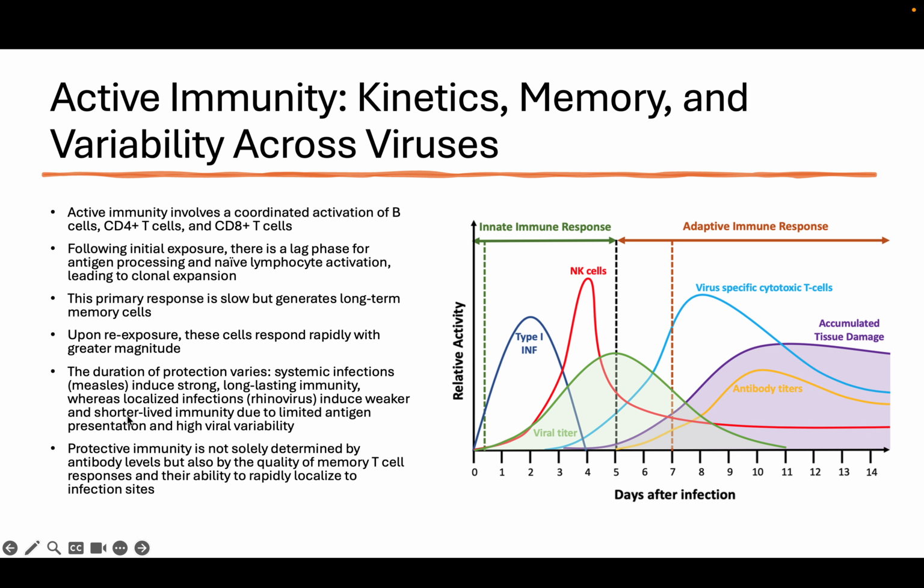However, with other infections like rhinoviruses, we can get infected 3 or 4 times a year. That's purely because we have very little antigen presented, it's short-lived, it's localized, you don't have a lot of T cells or B cells being formed, and the memory responses are not the greatest.